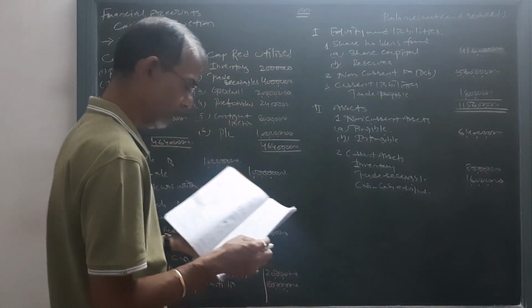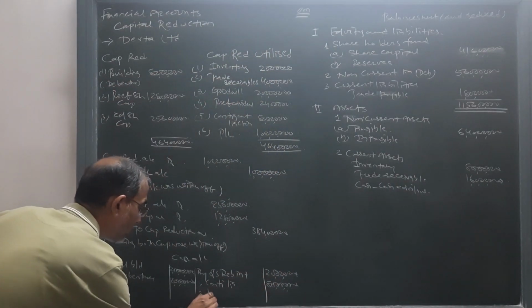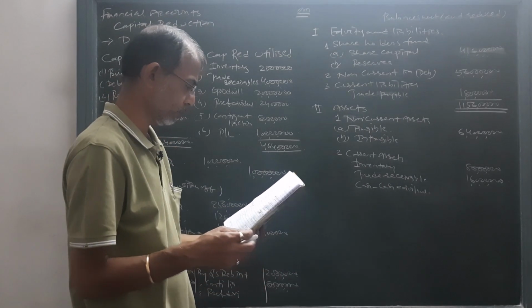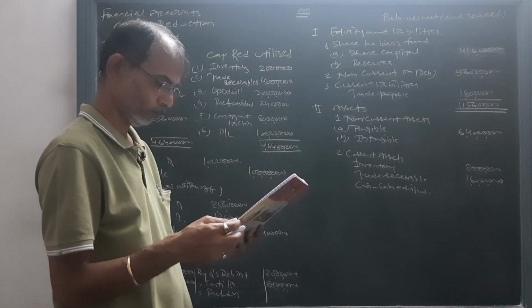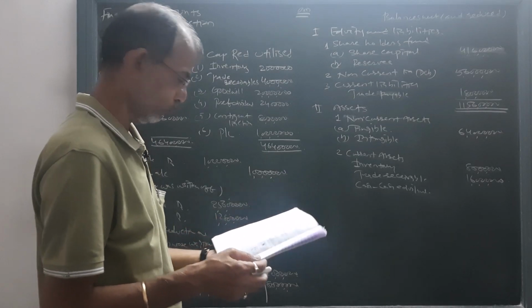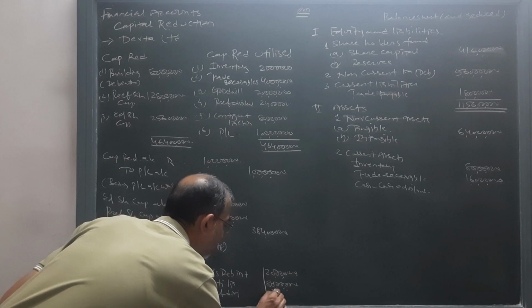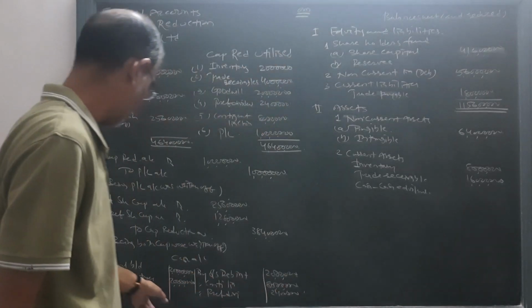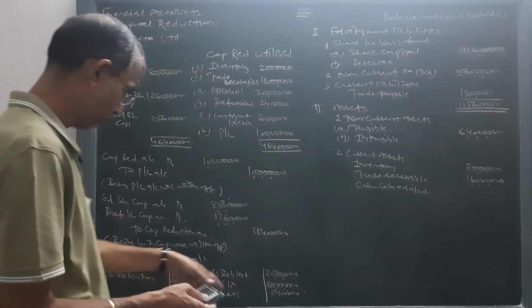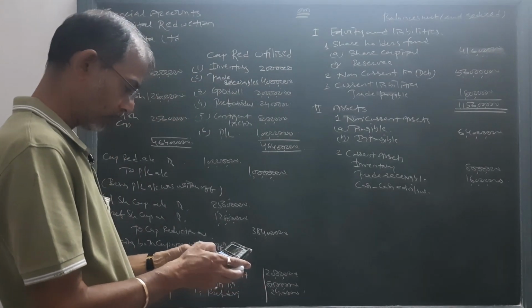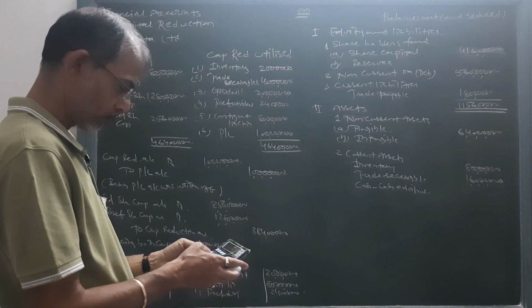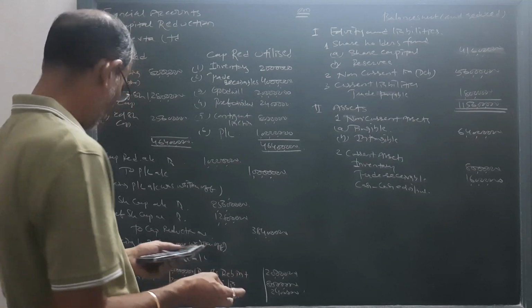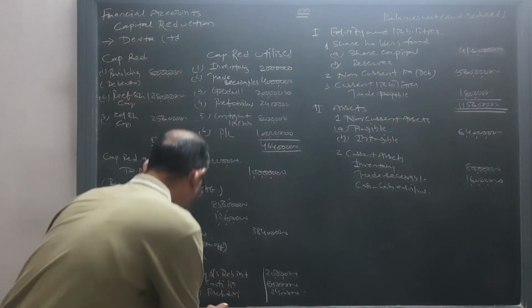Preference dividend was paid in cash, and that was 24 lakh. So the balance will be, out of total 4 crore, 1 crore 24 lakh. 2 crore 76 lakh will be the balance.